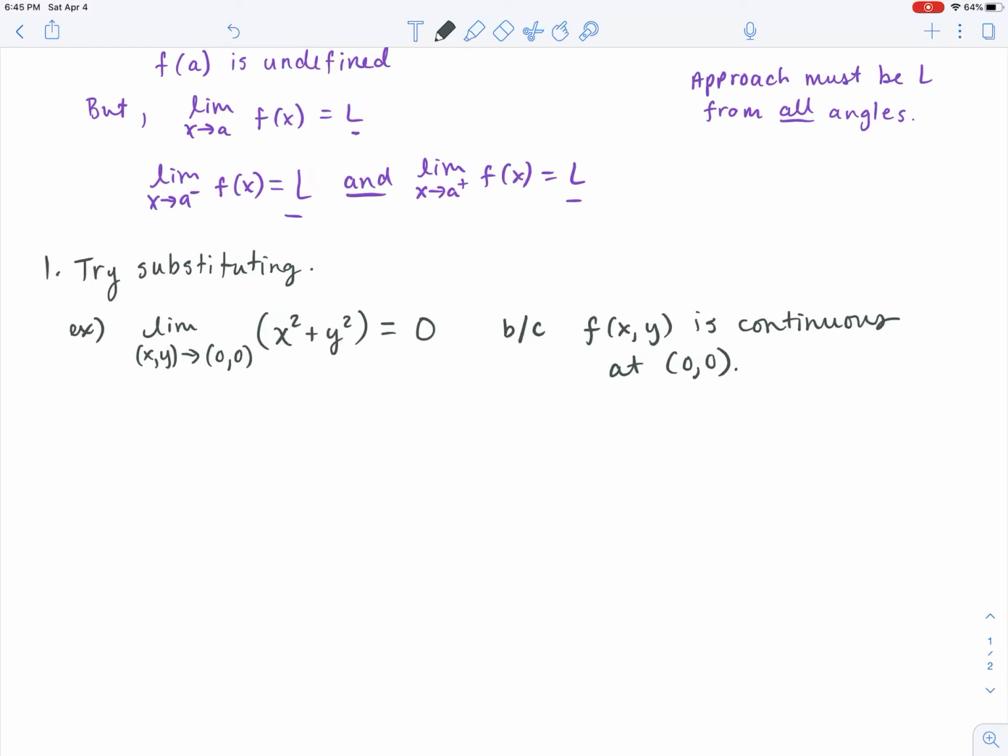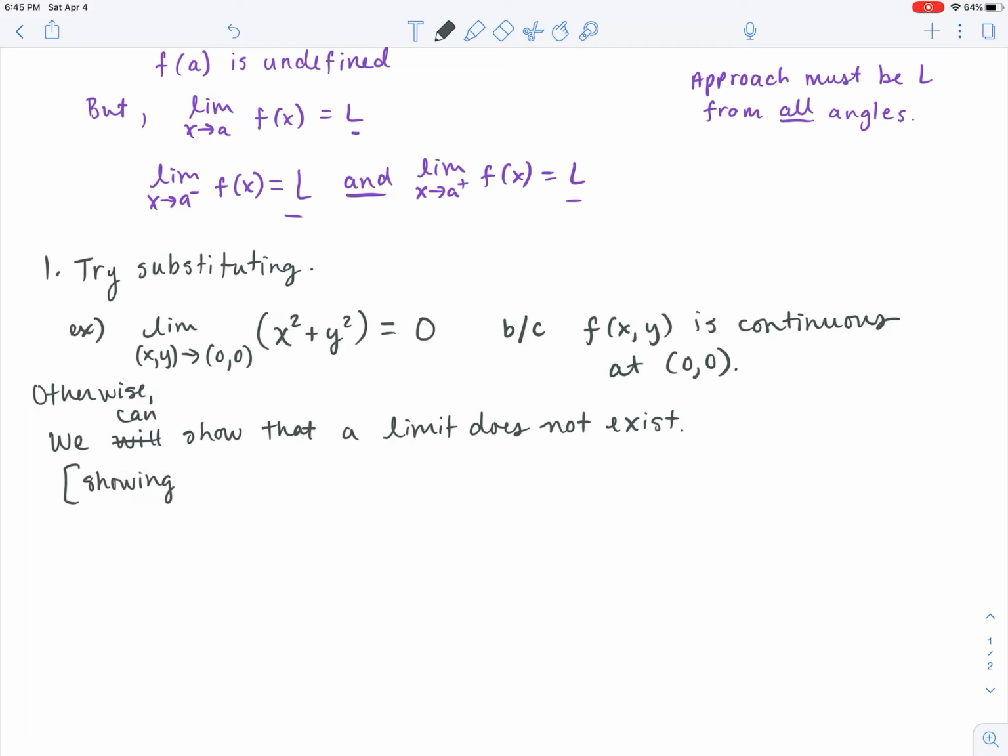The other thing that we're going to do here is show that a limit does not exist. I'm going to add otherwise to that, because we can show that the limit exists if the surface is continuous at that point. But otherwise, we can show that the limit does not exist.